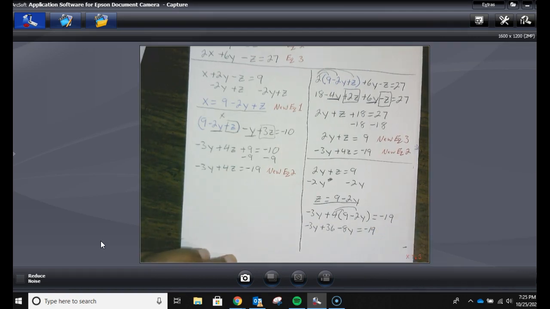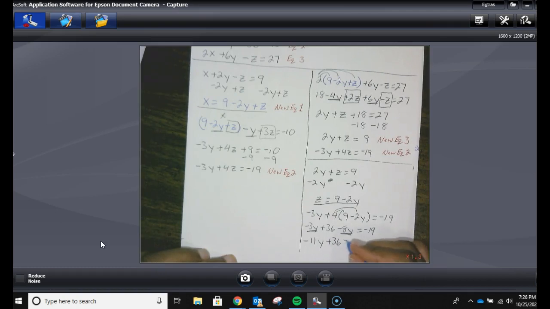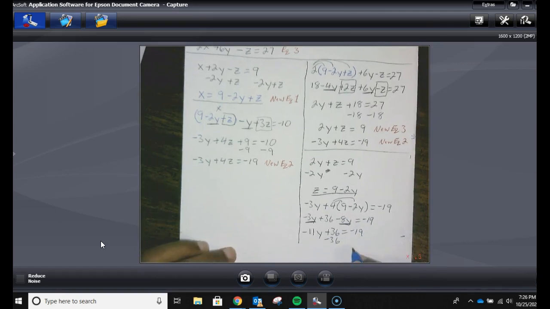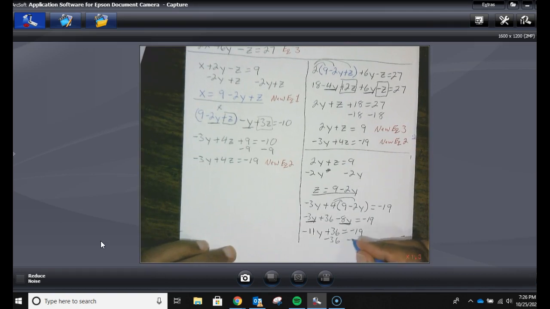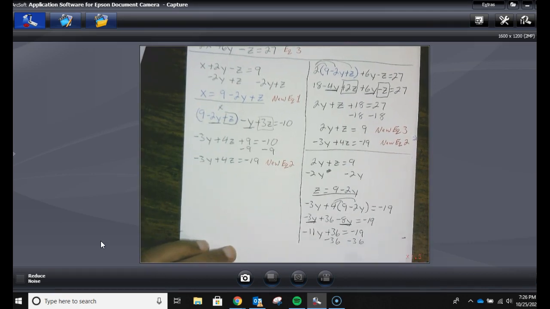Same steps. After you distribute, you combine like terms. In this case, we only have y's to combine. So I end up with a negative 11y plus 36 equals negative 19. Okay? Now, subtract the 36 on both sides to try to isolate the y.